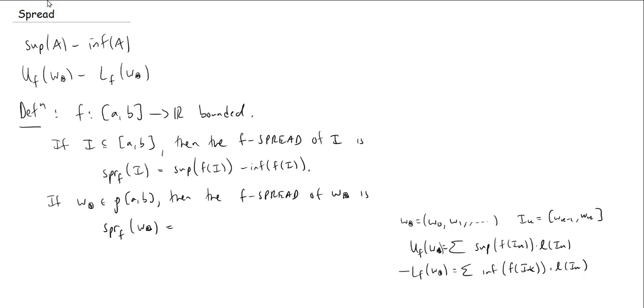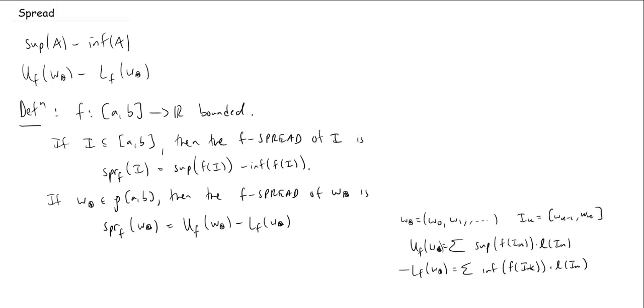So it makes sense to refer to the spread of the entire partition as the upper sum on W minus the lower sum on W. It's not an exactly analogous thing because we're adding in these lengths, but it's pretty good.